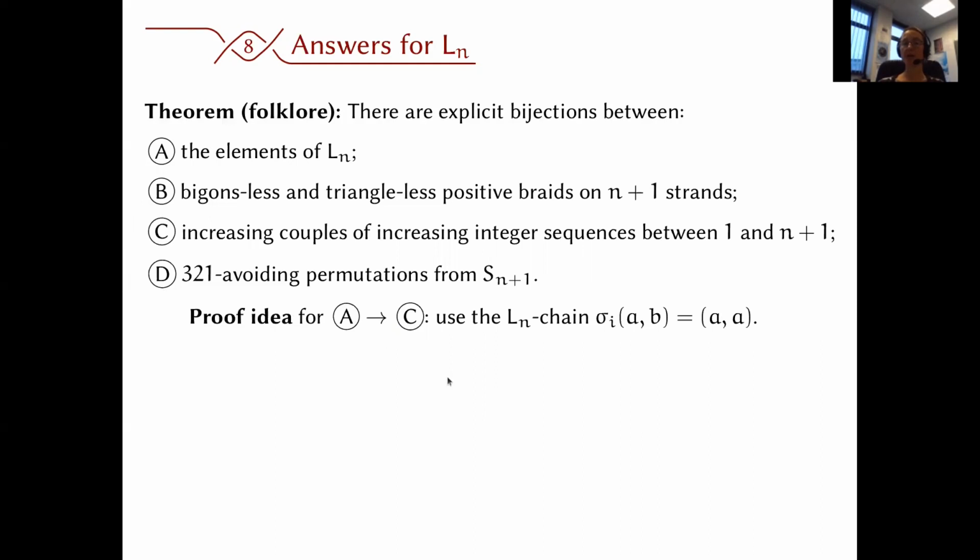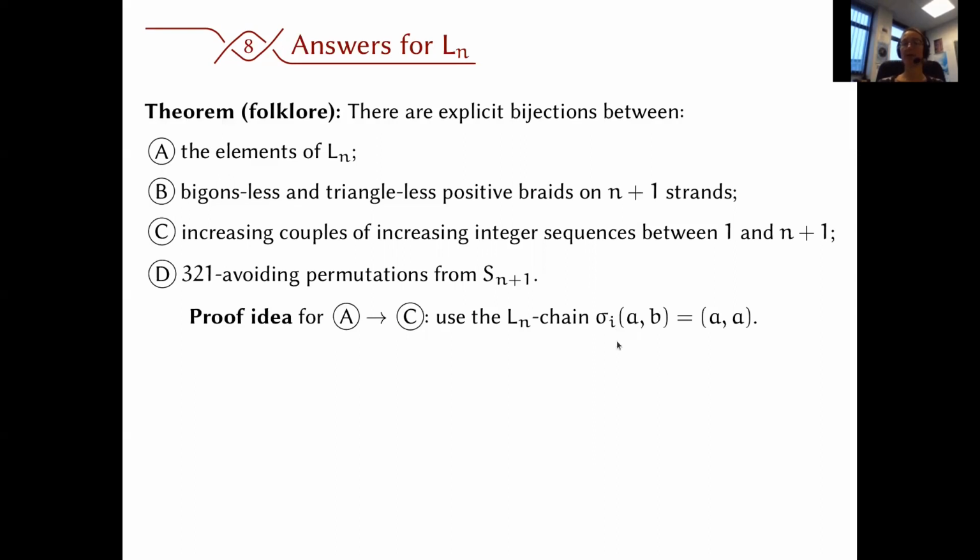And to do it, we actually need to use the representation we have already talked about, the one which, whenever we have a crossing, propagates an element to the right. It will be the same kind of thing which I used to show that this is equivalent to the Catalan monoid.